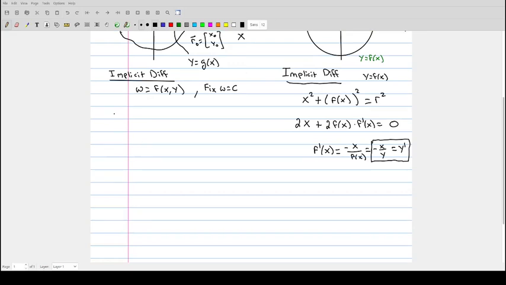So what we have here is the following chain of dependence. We have that w depends on x, that w also depends on y, which itself depends on x.